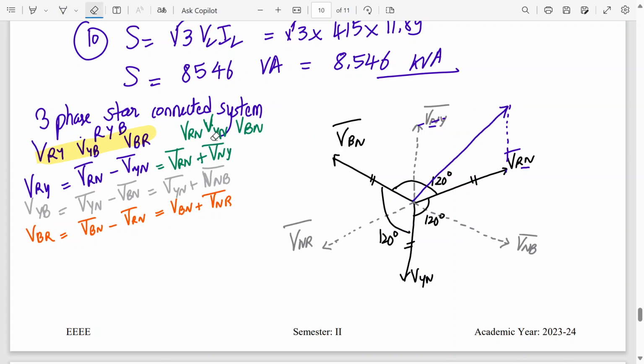Law of parallelogram basically. From here it comes, so this becomes VRY. Understood? So this is my line voltage. These were my phase voltages.